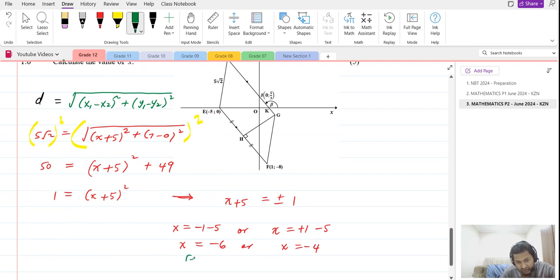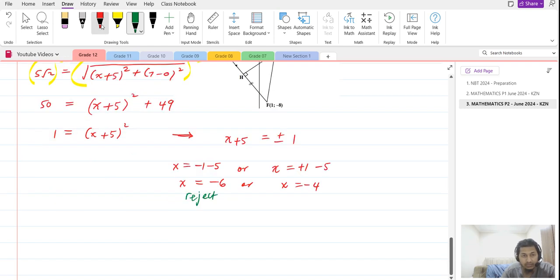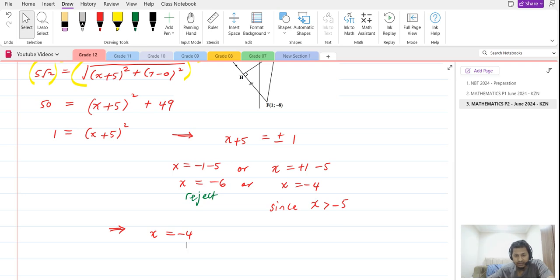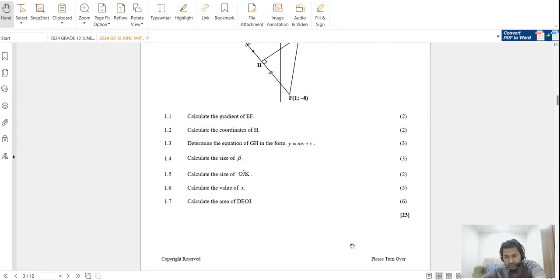So we're going to write reject here, because x needs to be greater than negative 5. So we only have one answer. Therefore, the answer for x is equal to negative 4. I hope you guys are understanding. Right, let's move on to the next question.